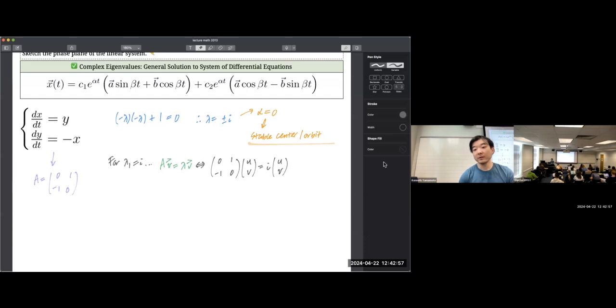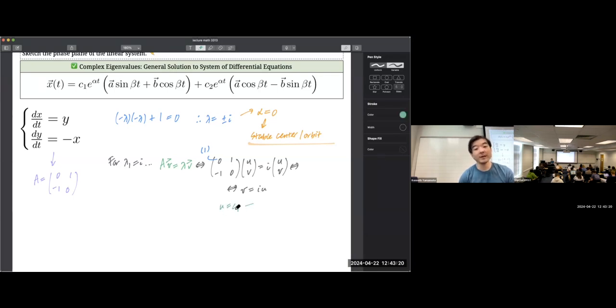You can use either of these two equations, so let's just use the first one. If you use the first one, you'll get 0 times u plus 1 times v is equal to i u. In this case, maybe it's more convenient to say u is equal to C1.